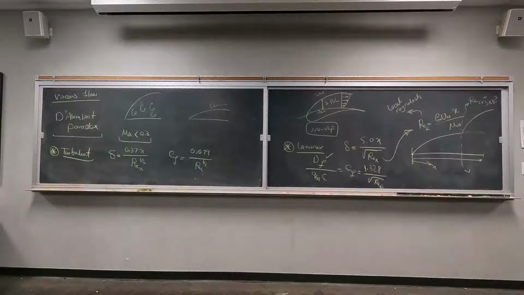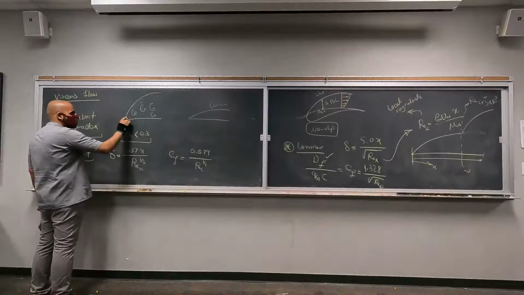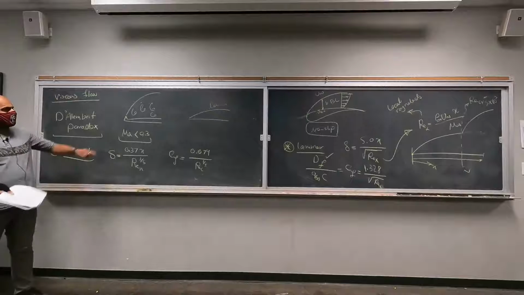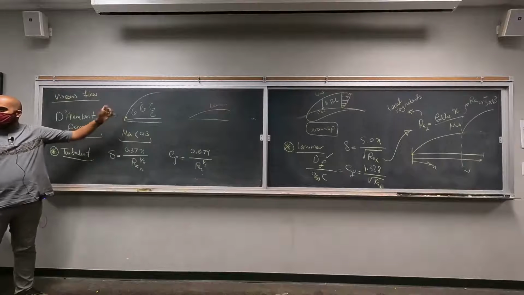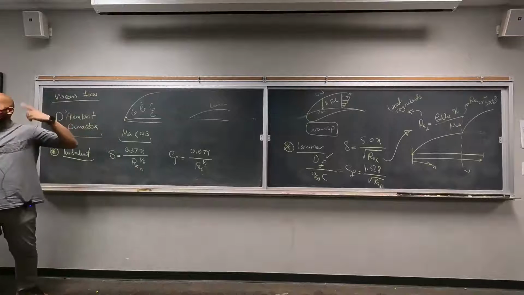And in order to have a complete turbulent boundary layer, you actually have to trip your flow to turbulence. Have some kind of a geometry like this, which means that you are putting a vortex generator here.